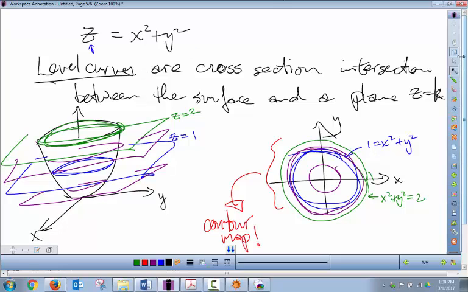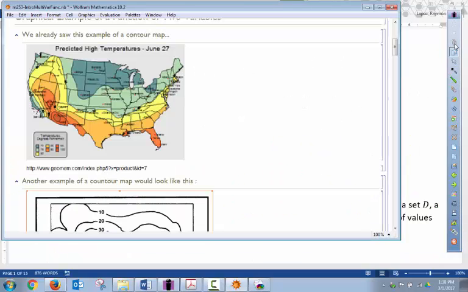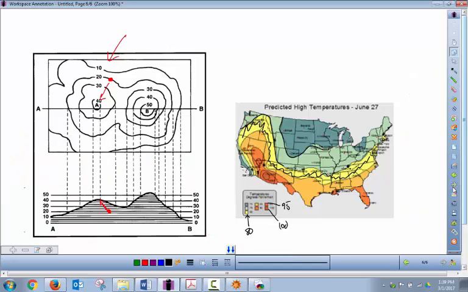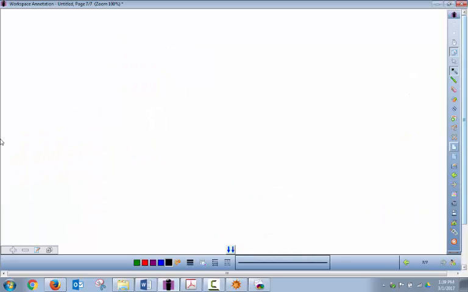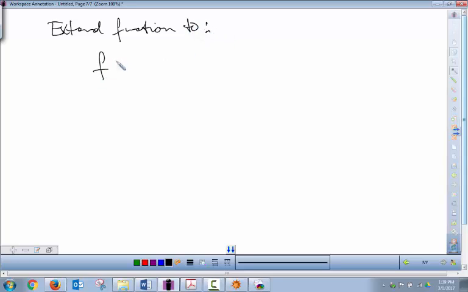I don't know if I want to go here yet, but let's give this a try. Let's extend our idea to this.